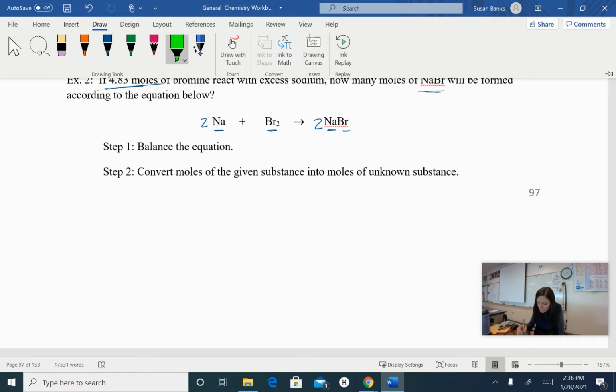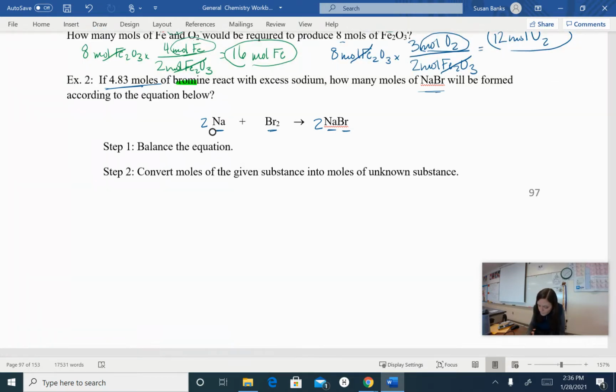I want to compare bromine with sodium bromide. So I'm going to grab my coefficient from bromine. And if there isn't a coefficient there, remember a 1 is always implied with my coefficient for sodium bromide. Okay, so I'm going to grab those 2 coefficients from my balanced equation.